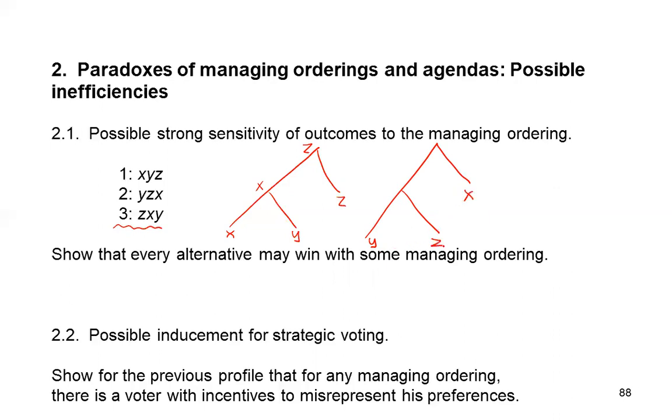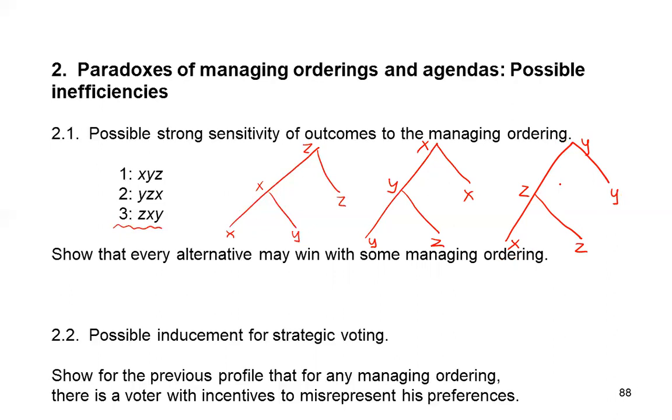Y, Z, X, then Y beats Z, and X beats Y. And finally, we have our third option, when Y is the last alternative: X, Z, Z beats X, and Y beats Z. So all alternatives may be winners. It only depends on what sort of agenda we are going to apply.